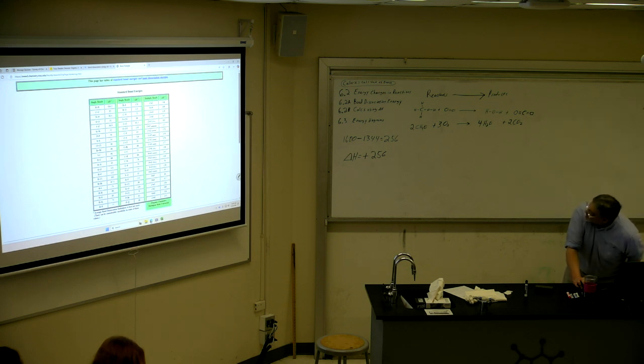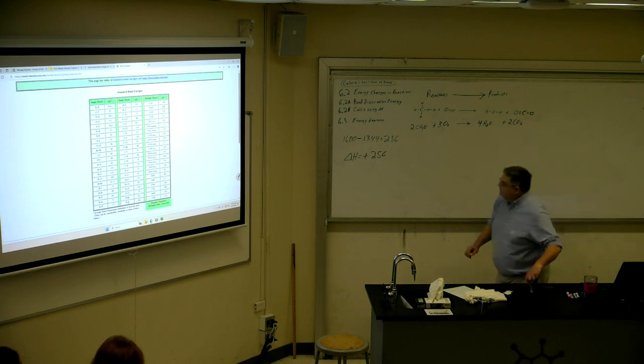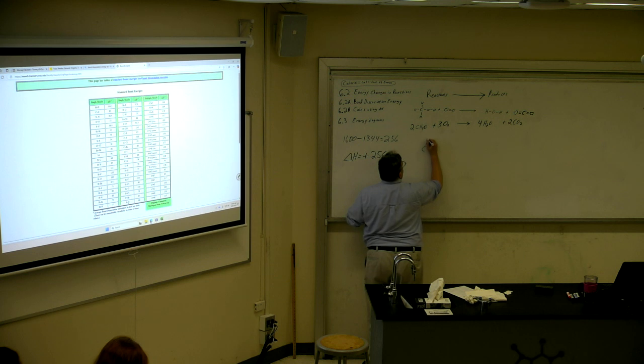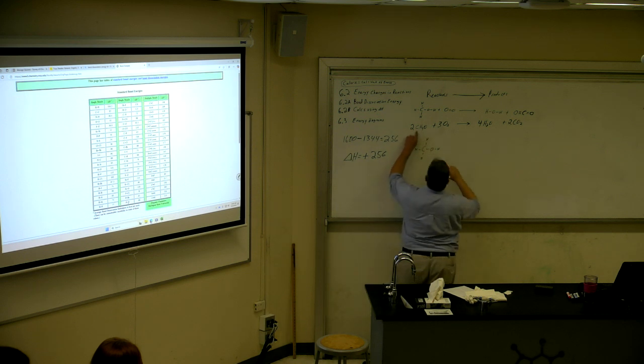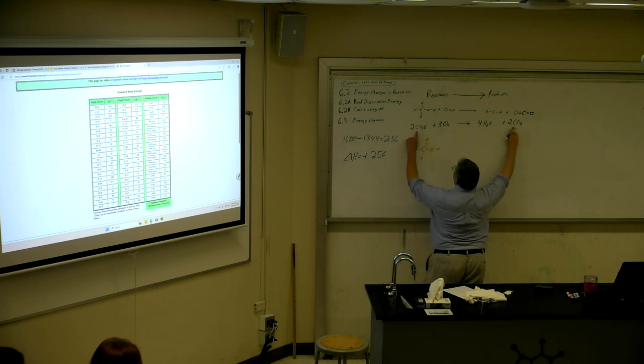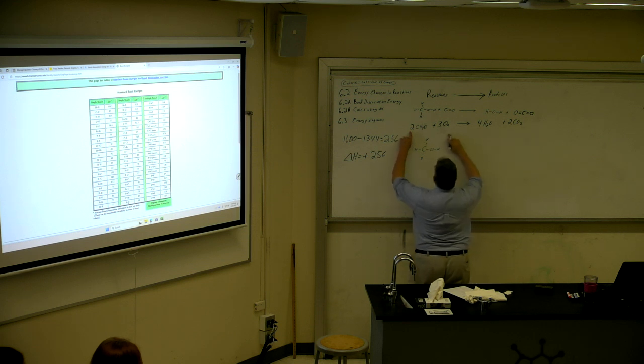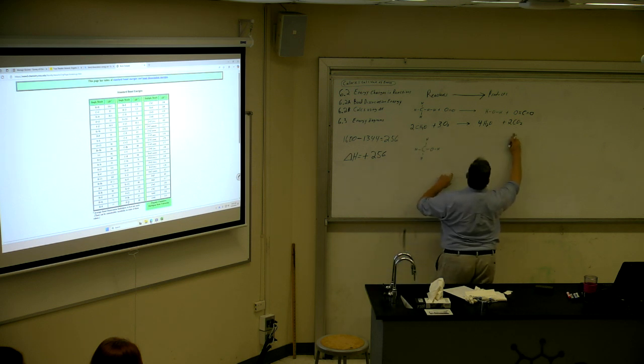Makes me want to double check these. Did I do these? I did C to O, I did O to H. Maybe it's not balanced. 2 carbons, 2 carbons. 8 hydrogens, 8.